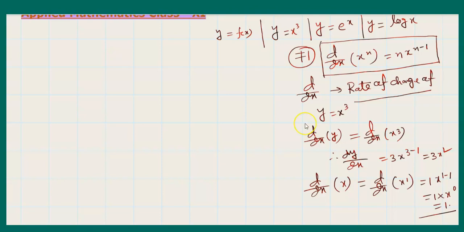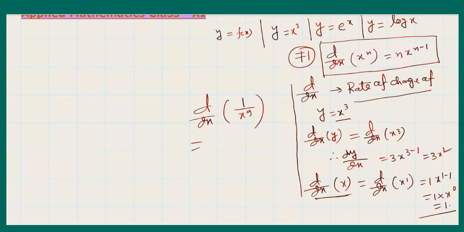So formula 1 we have applied in two sums, and you can memorize this part. d/dx of x will be 1. d/dx of x cube is 3x square. Any function which is an exponent of x you can differentiate by this rule. Suppose somebody asked you to find the derivative of, say, 1 by x to the power 9. How do you find it?